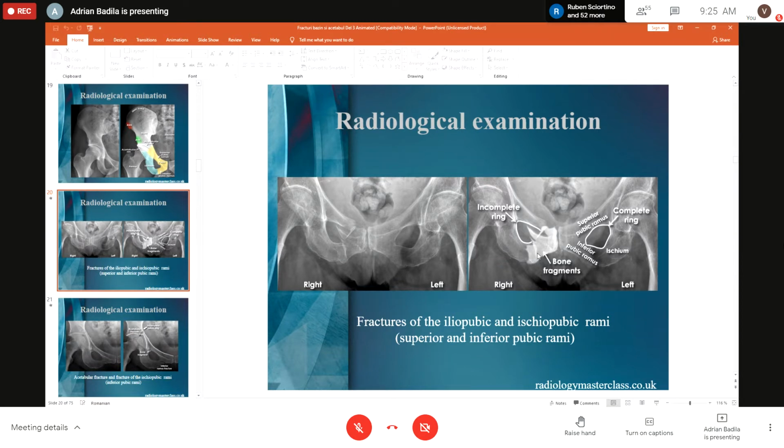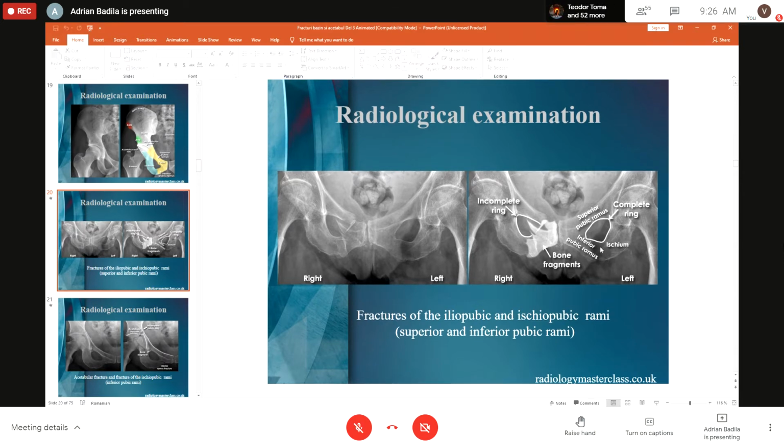It's a fracture in the front part of the pelvic ring. The pelvic ring is complete, it's intact in the back. That means that we have a stable fracture of the pelvic ring. This is the right part of the pelvis, while the left part is intact without any fractures.